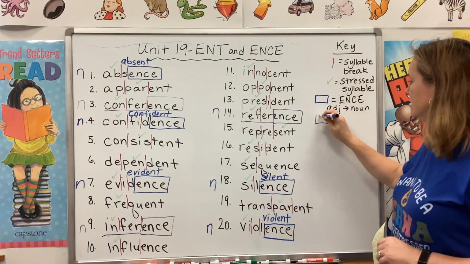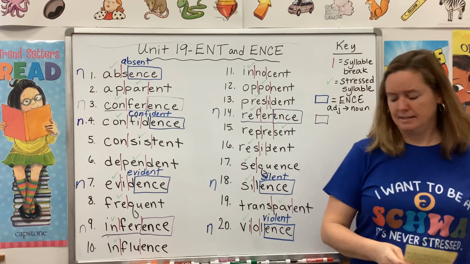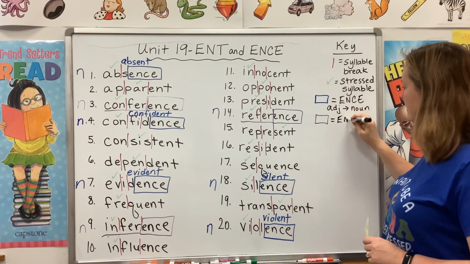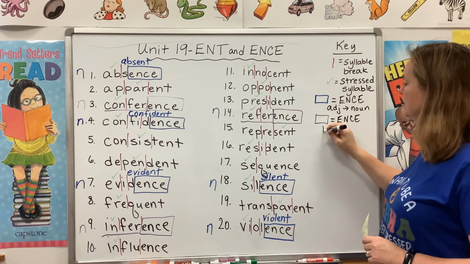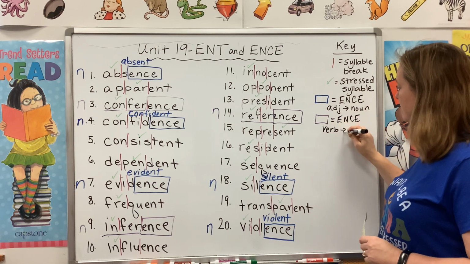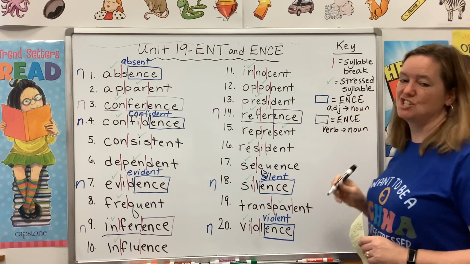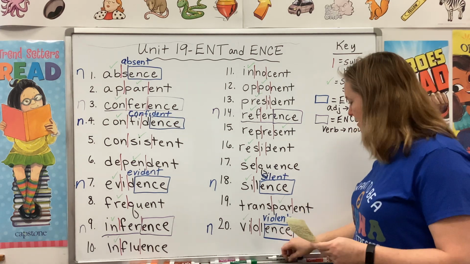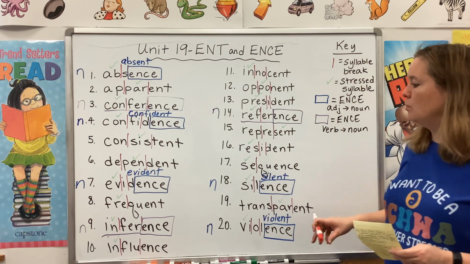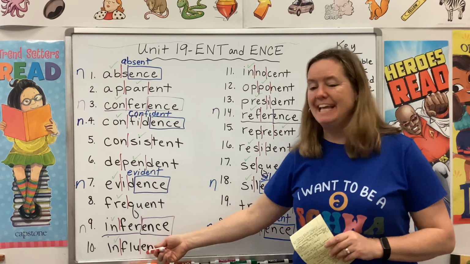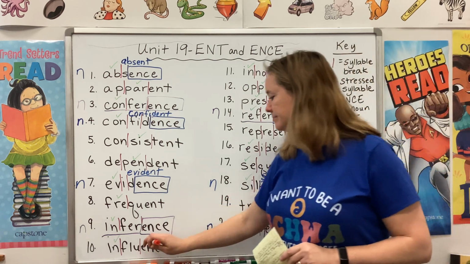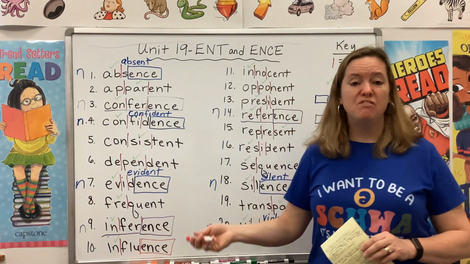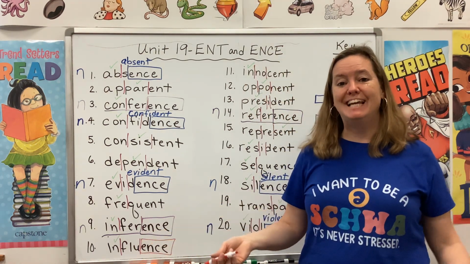Down here, purple box also has an ENCE ending, but this time we started with a verb and changed it to a noun, okay? And then we have words like influence. The verb form for influence is influence.